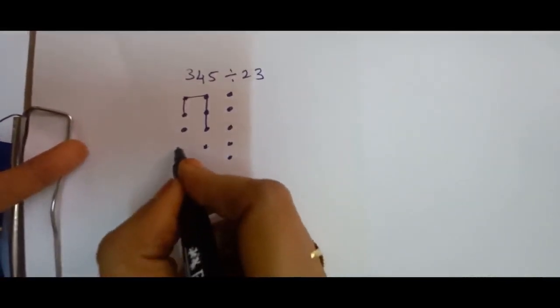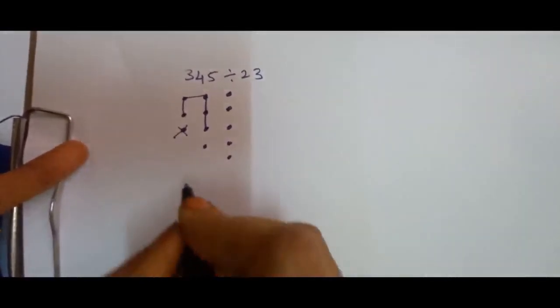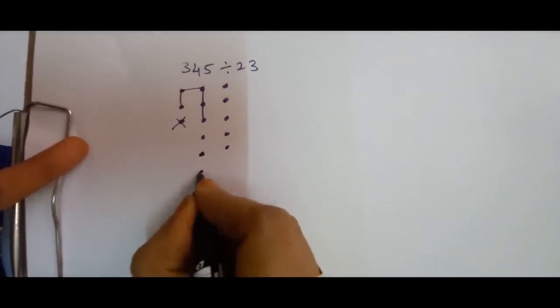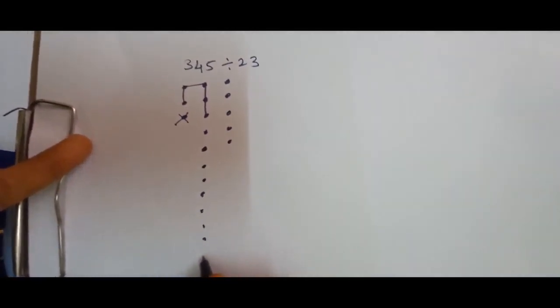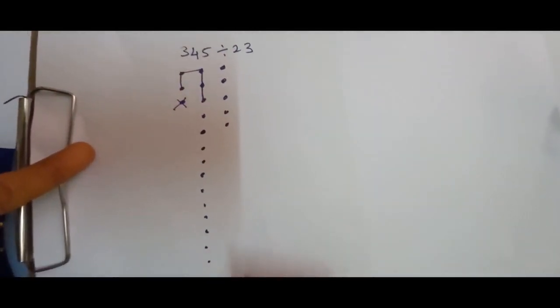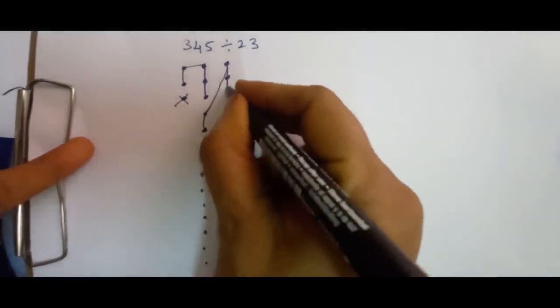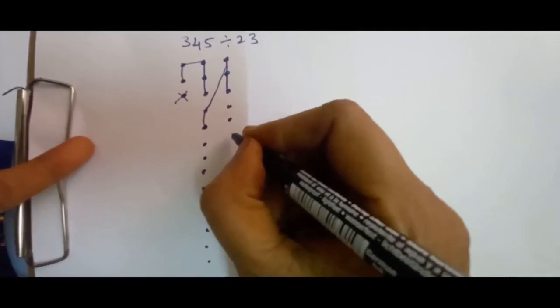Here we don't have a second dot. So in this case we need to cut this one and we need to add 10 dots here. Okay. 1, 2, 3, 4, 5, 6, 7, 8, 9, 10. Okay. Now take 2 points here and 3 points here. Take 2 points here, 3 points, we don't have a third point here.